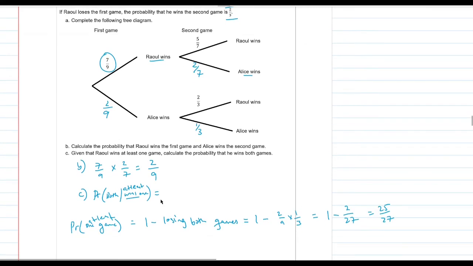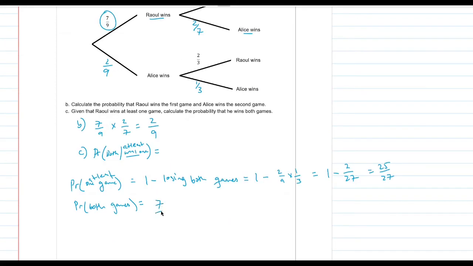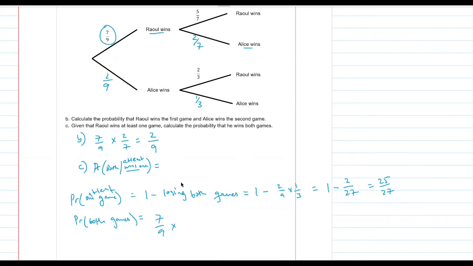And probability that he wins both games is 7/9 times 5/7. It's 5 on 9.